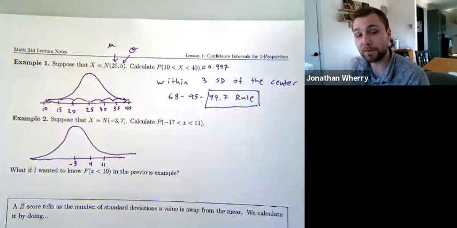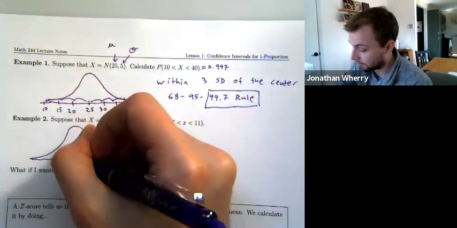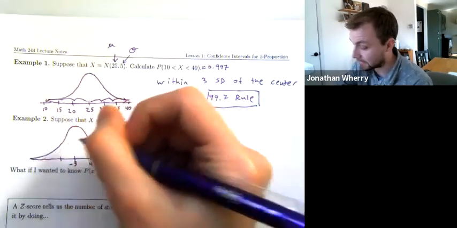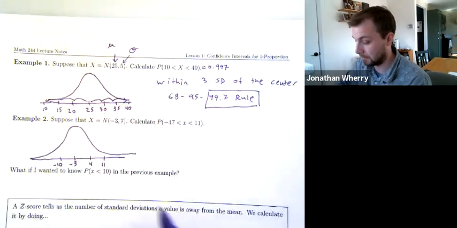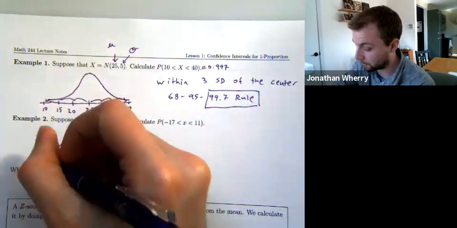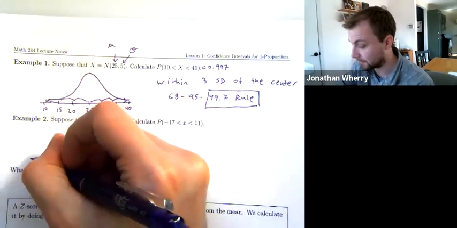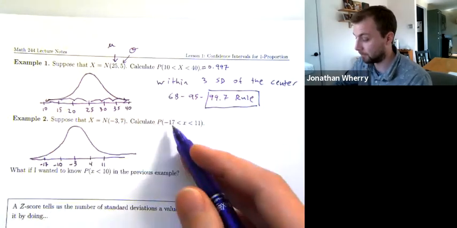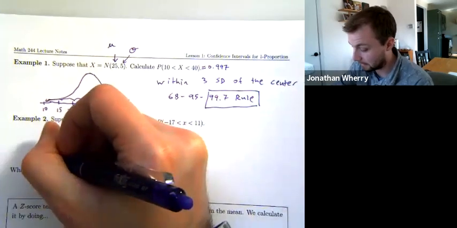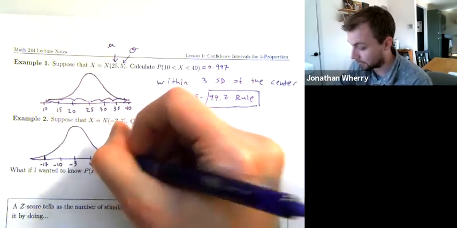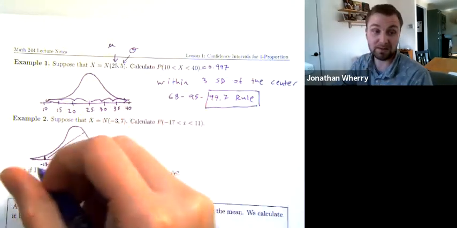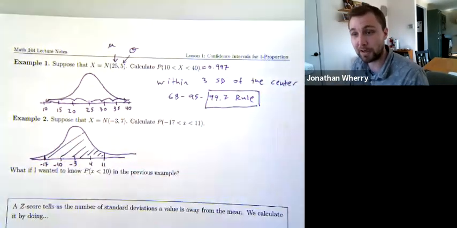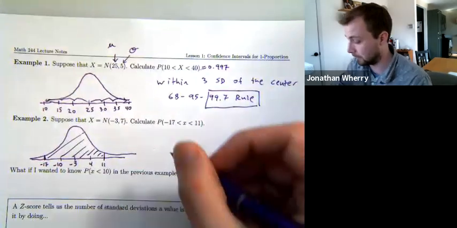I'm going to go in the opposite direction here. If I'm 3 down and I take away 7 more, I am 10 in the hole. That's negative 10. Negative 10, take away 7 more, that puts me at negative 17. My numbers here, I lucked out again. Negative 17 to 11, I am within 2 standard deviations. This should be symmetric. I'm not the best drawer at these things, but we do our best.